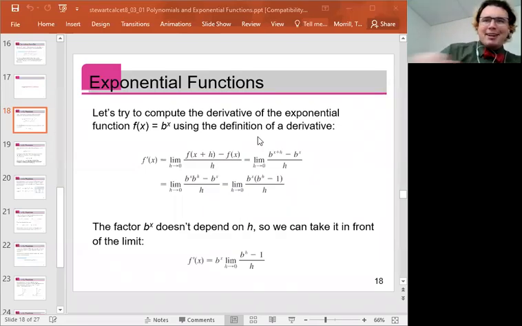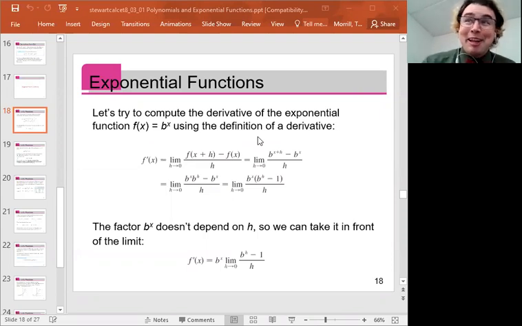We've just defined what it means to take irrational powers of real numbers, right? So that means that all of our exponential functions are defined for all real numbers, no matter what my base b is here.